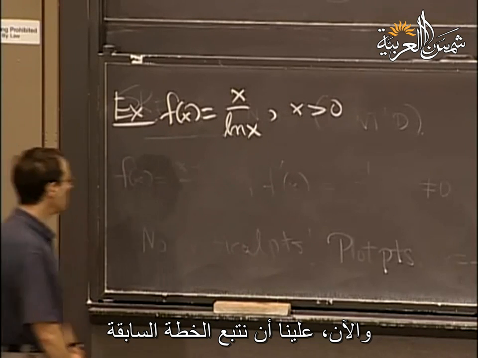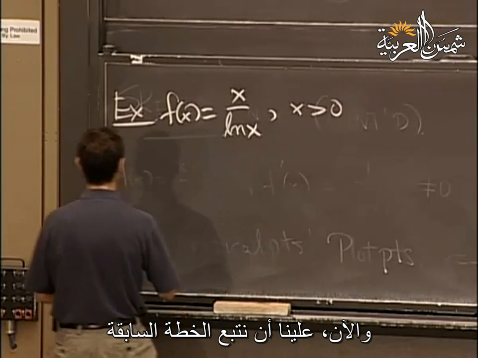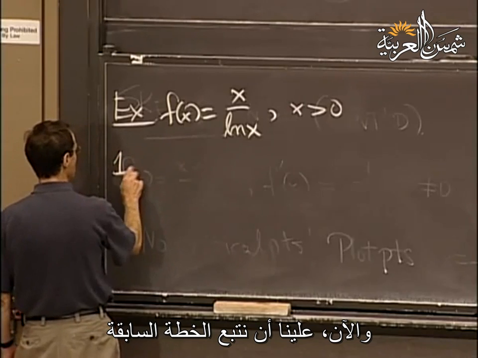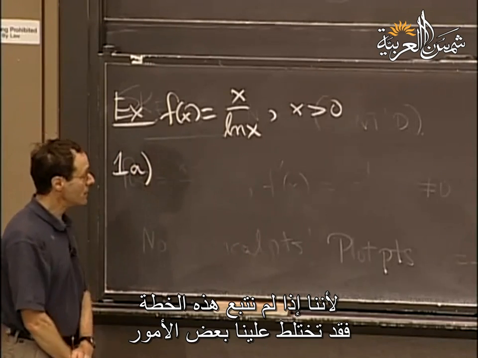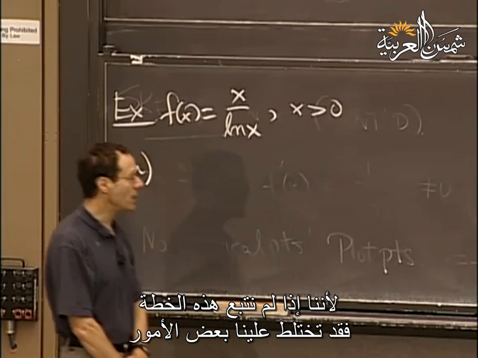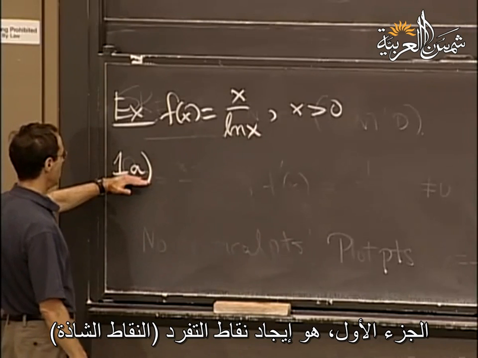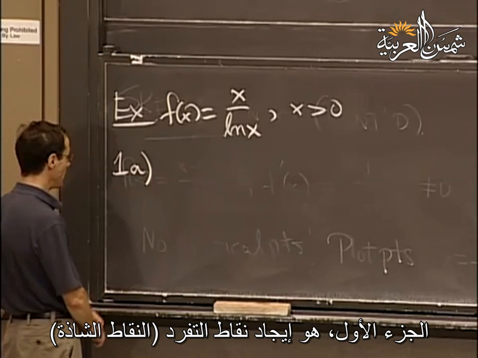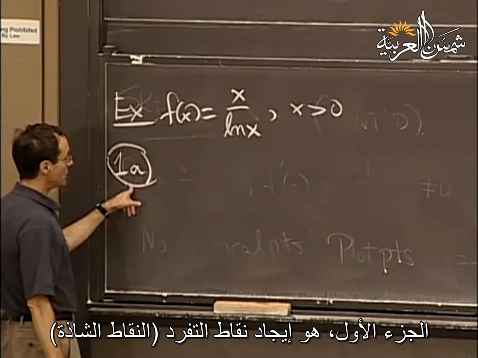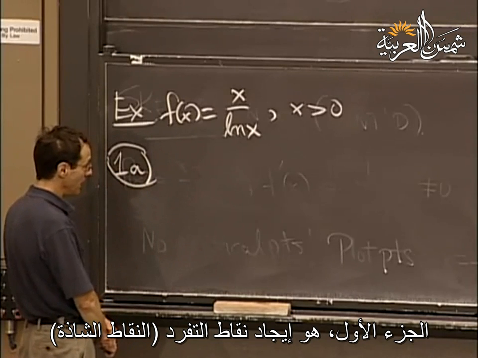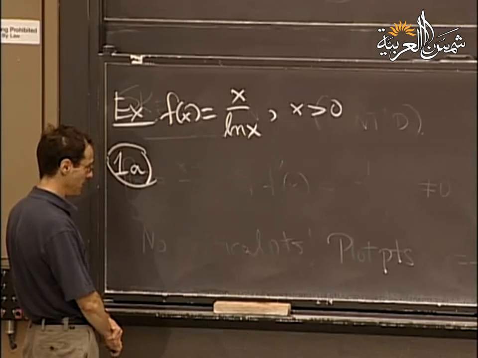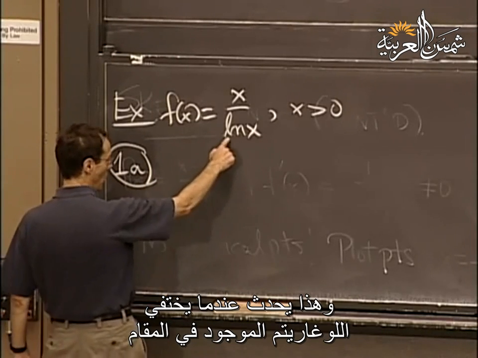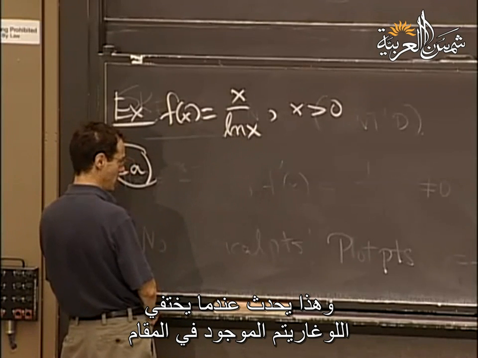So the first thing that I'm going to do is follow the scheme here, because if I don't follow the scheme, I'm going to get a little mixed up. So the first part is to find the singularities, that is, the places where f is infinite. And that's when the logarithm, the denominator, vanishes.